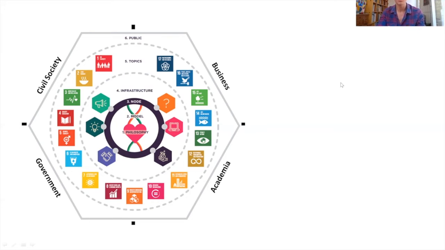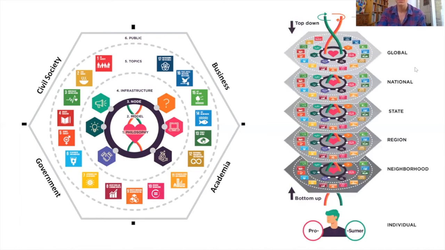And what you actually see here very flat in these different roles also happens on different levels of regions. From the global to the neighborhood, and in between, all of these regions have different requirements, resources, and people acting for change. So it's really important to blend in differently.